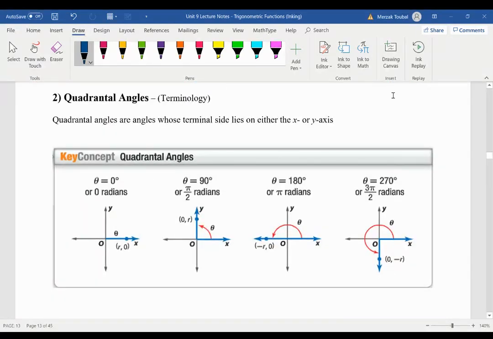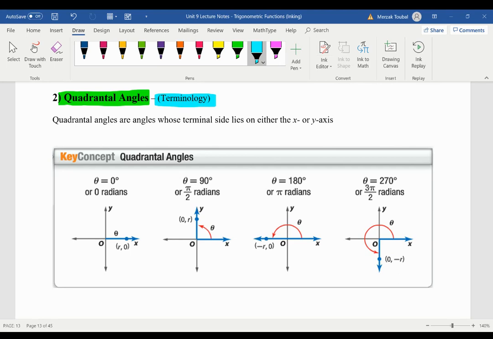Quadrantal angles. This is more of a terminology. We want to be familiar with the word quadrantal. So the word quadrantal means the angles that are in standard position. However, the terminal side is on either the x-axis or the y-axis.